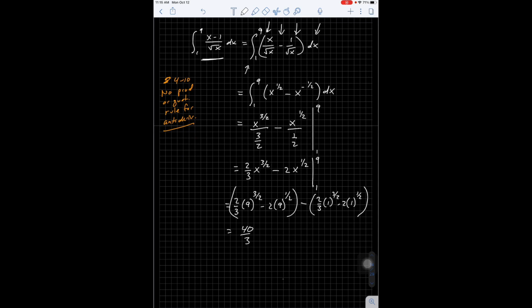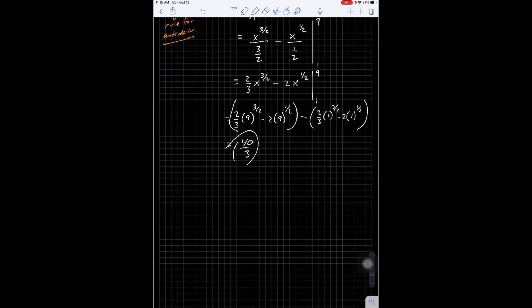Now, use your calculator as a tool at this point. It has value for you to graph this function and look at it between 1 and 9. And it should be a positive area, should be above the x-axis mostly. And just see if your answer makes sense. All right, that's this section. Good luck and work some problems.